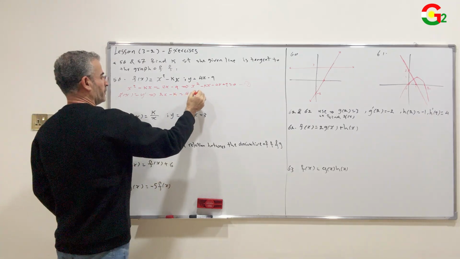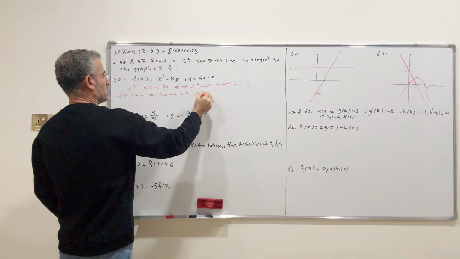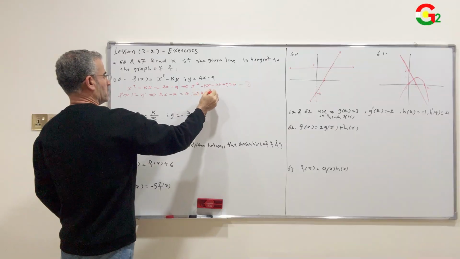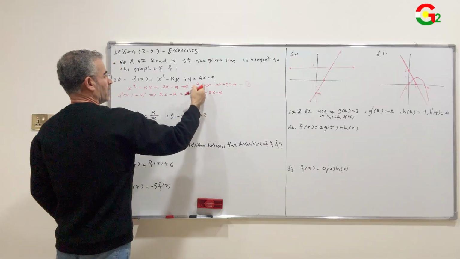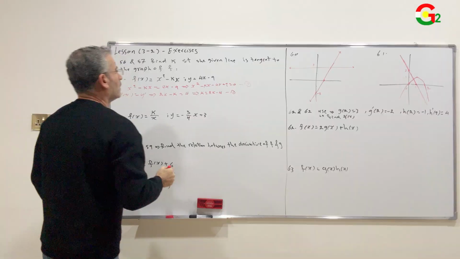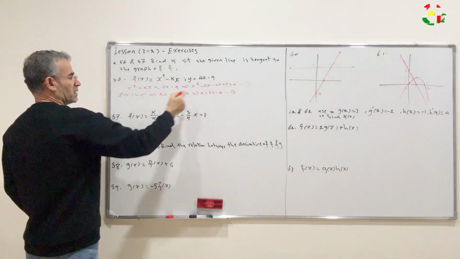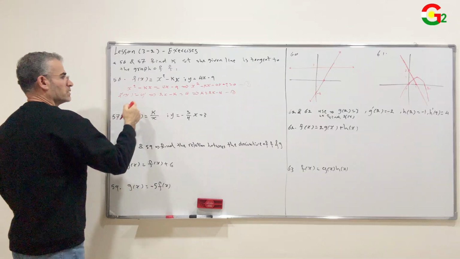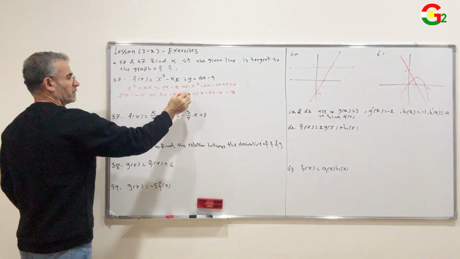Then the value of k is 2x minus 4. Substitute the value of k in the first equation to find the value of x, then substitute in equation 2 to find the value of k.